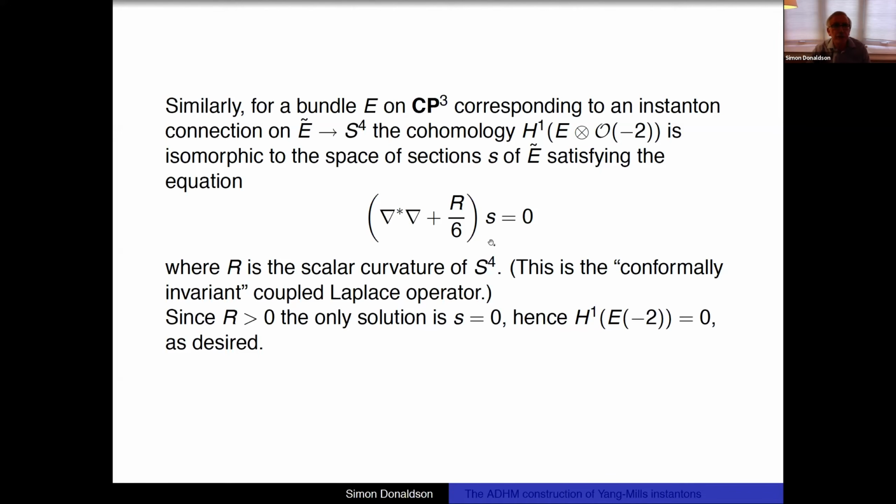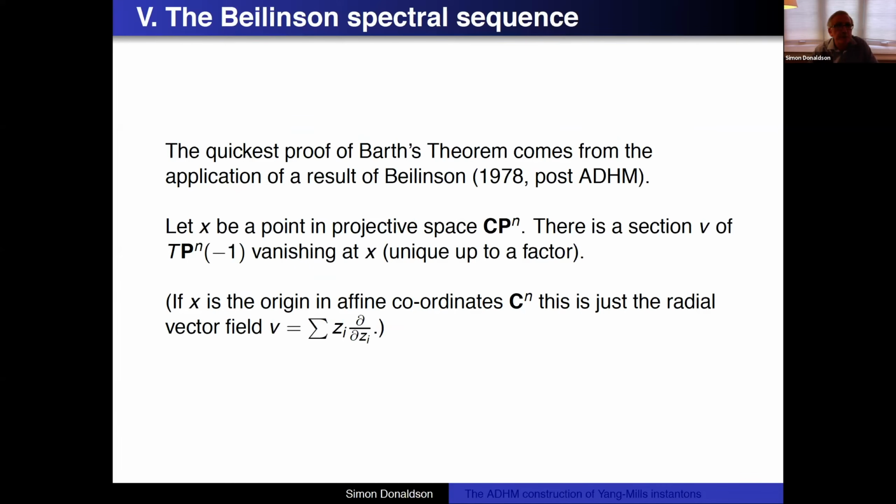The same applies to E star, and we can apply Barth's theorem. So all we need to do, looking at the time, to understand this ADHM result, if you grant the various assertions that I've quoted, is to understand how to prove Barth's theorem.